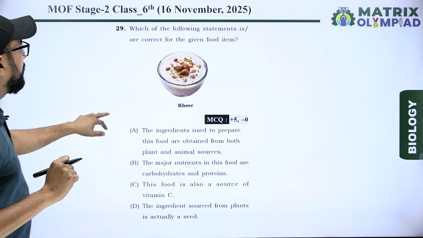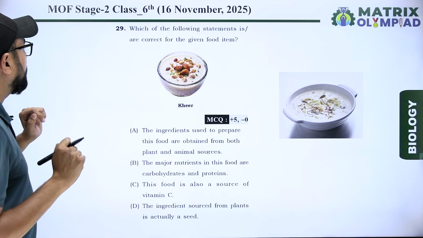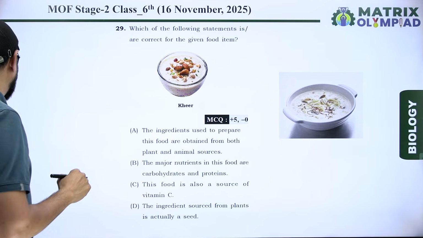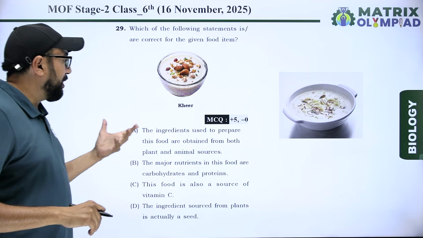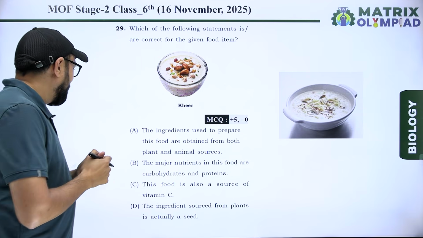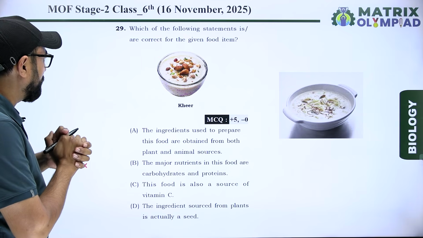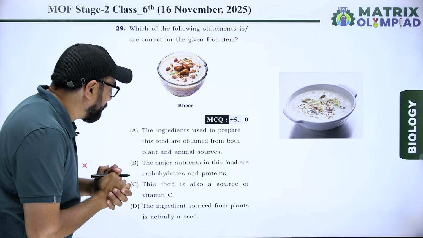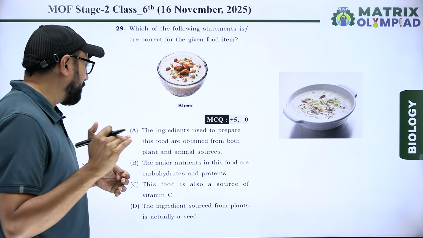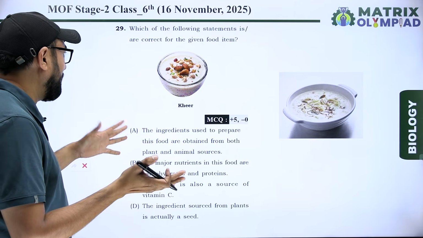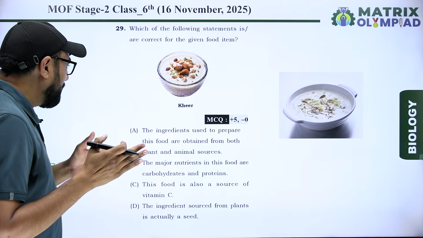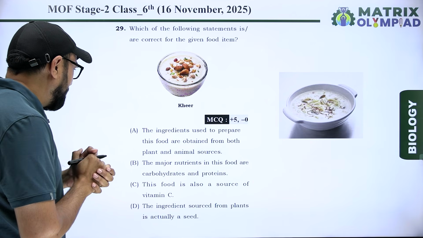Next question, which of the following statements are correct for the given food item? The given food item is yummy kheer. According to the options, the ingredients used to prepare this food are obtained from both plant and animal. Yes, rice and milk. The major nutrients in this food are carbohydrate and protein.